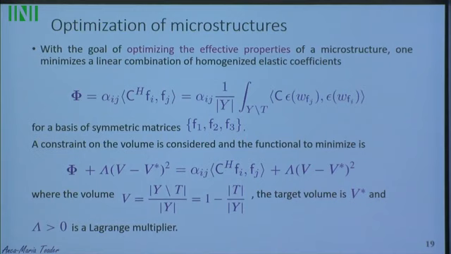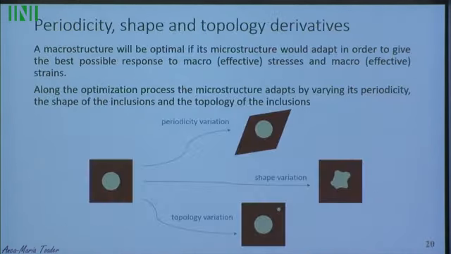We are considering also a volume constraint here with a target volume V star given, and the volume is considered to be equal to the part with no hole over the whole periodicity cell. And we have a Lagrange multiplier.